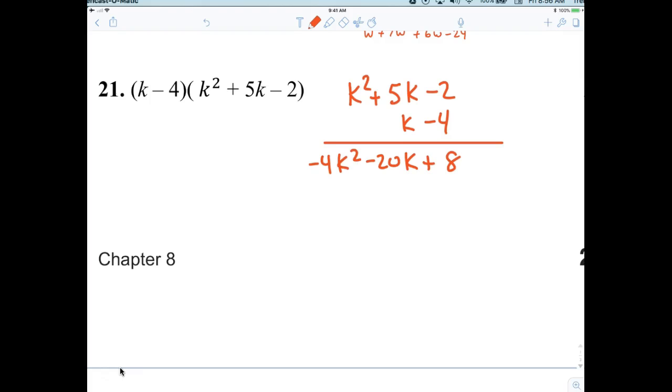Now, k times -2, -2k. K times 5k is +5k squared. And k times k squared is k cubed.